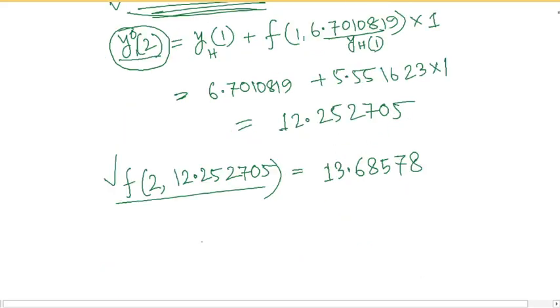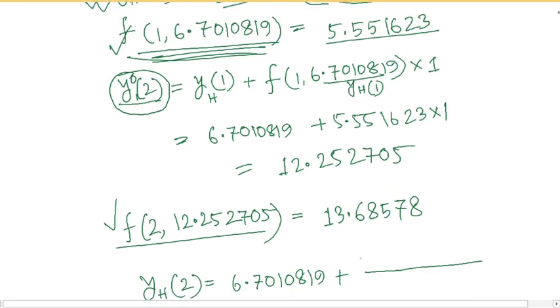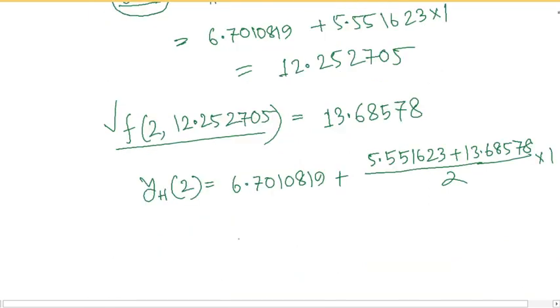Therefore YH2 will be YH1, that is 6.7010819, plus the average of these two, that is 5.551623 plus 13.68578 divided by 2 multiplied by 1, and this will give you the result as 16.31978.